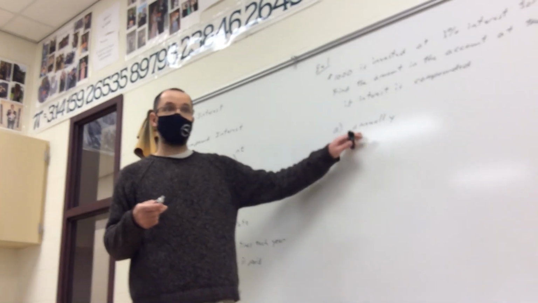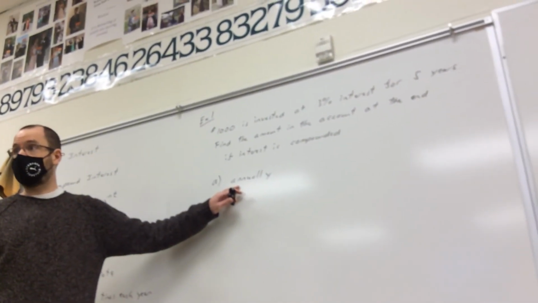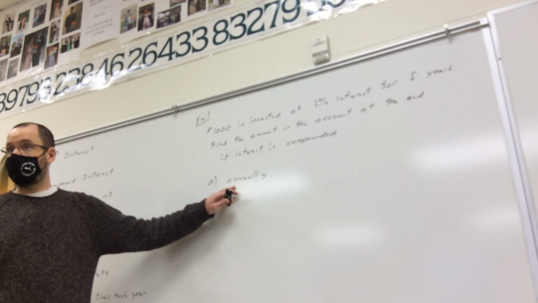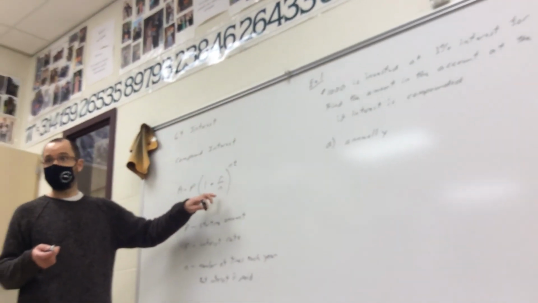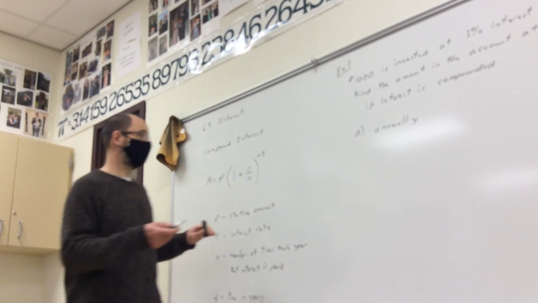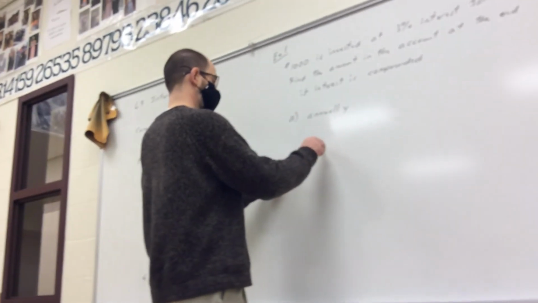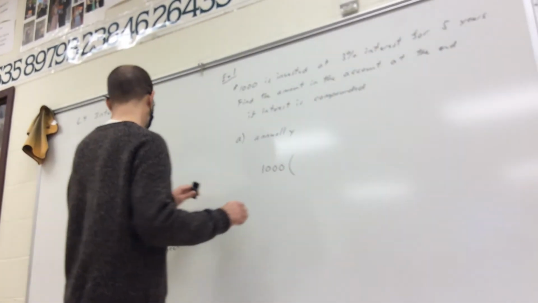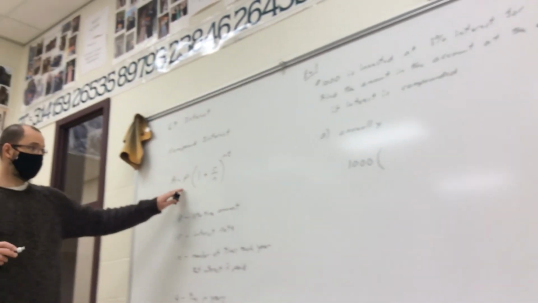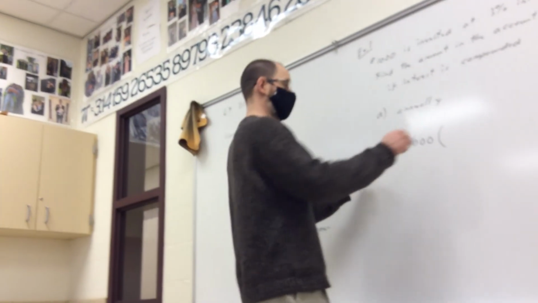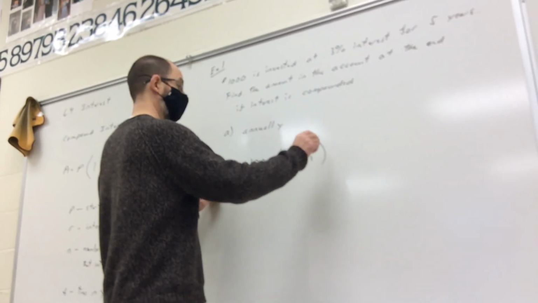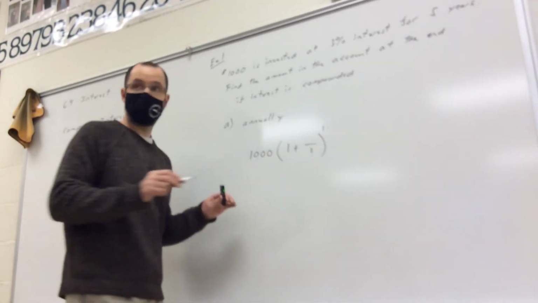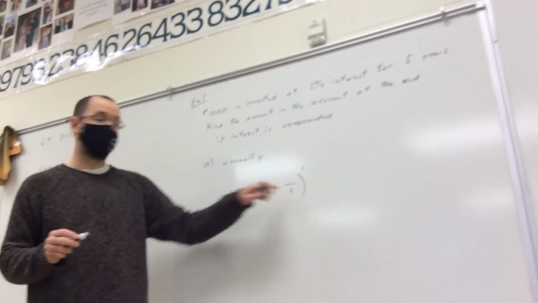Okay, so compounded annually means that they give you interest once a year. So that means the N is 1. So I've got $1,000 for my starting amount, for my P. And I've got 1 plus, and there's a 1 in the denominator, and a 1 up here, because we already discussed that the N is 1.